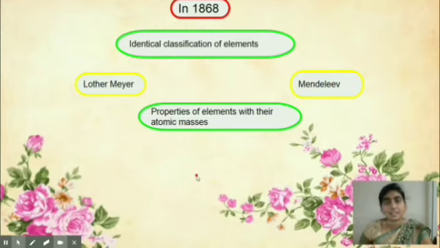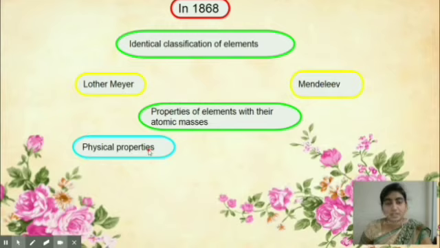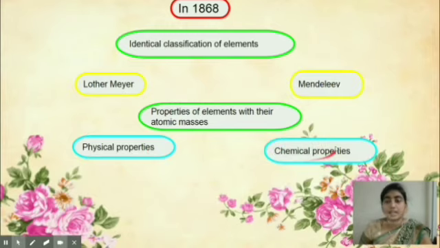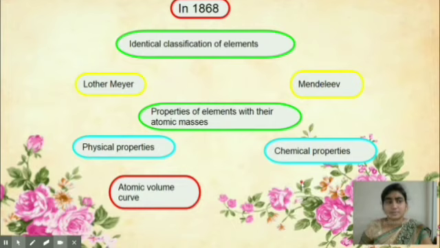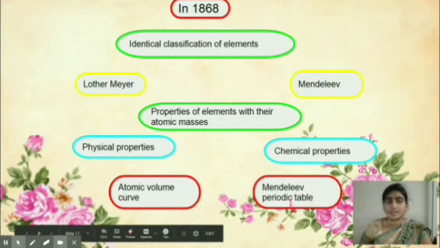Let's see. Lothar Meyer only focused on physical properties and Mendeleev completely focused on chemical properties. Lothar Meyer named his work the Lothar Meyer atomic curve, and Mendeleev named his the Mendeleev periodic table.